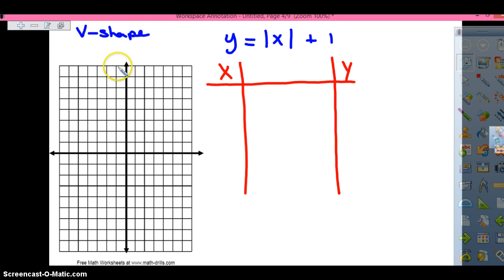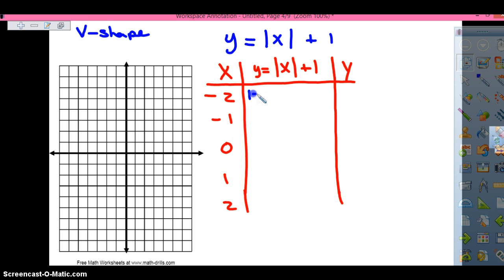Because I know it has a V shape, I'm going to choose more numbers, also close to the origin. So I'm going to choose -2, -1, 0, 1, and 2. And we're going to substitute this into y equals the absolute value of x plus 1.